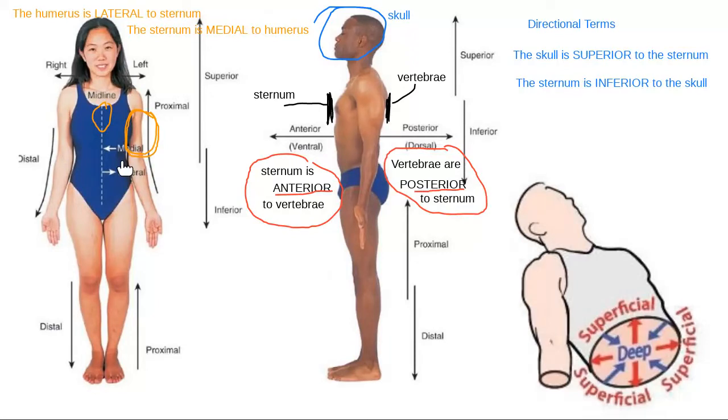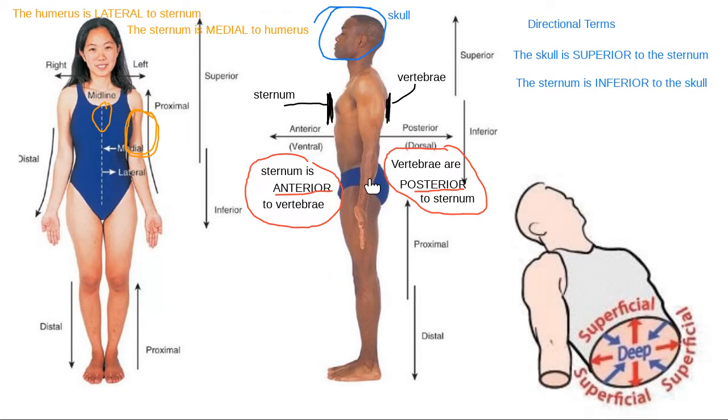Let's talk about what happens when we're talking about two bones that are found on the same arm or two bones that are found in the same leg. When we talk about comparing structures that are found in either one leg or one arm, we have a special set of words that we can only use for those.